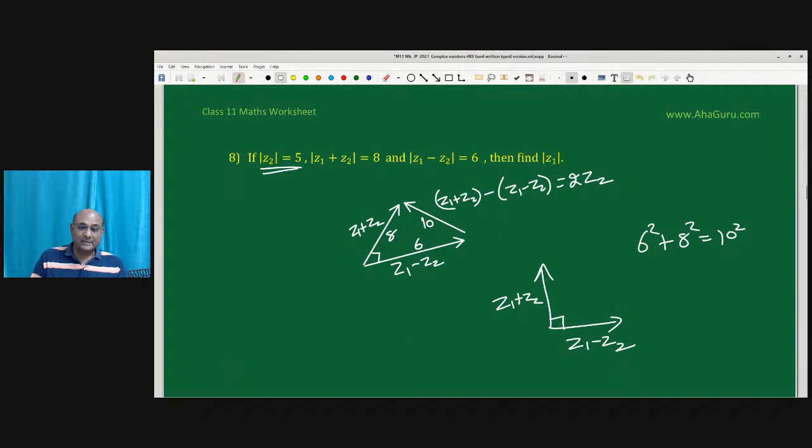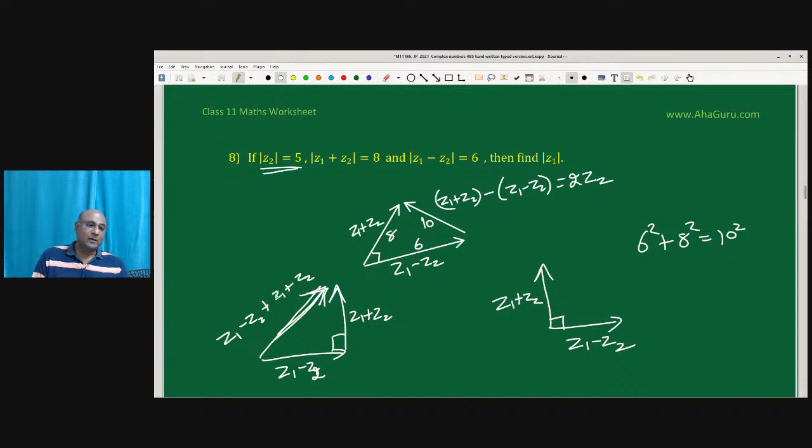Then if I look at Z1 minus Z2 plus Z1 plus Z2, I'm now adding, I'm not subtracting. This is Z1 minus Z2 plus Z1 plus Z2, and you can see the Z2 cancel. This is 2Z1. So 2Z1 is the hypotenuse.